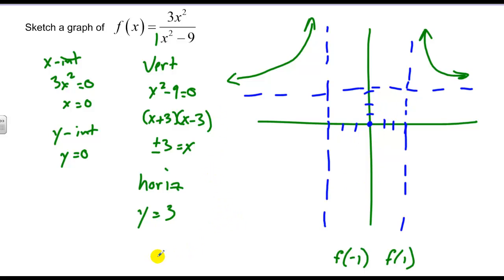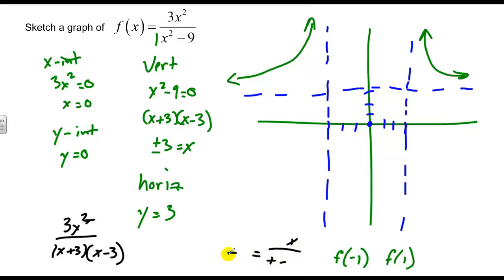And once again, I'm going to plug into the factored form of that equation. Factored form of this equation is 3x squared over x plus 3 and x minus 3. When I plug in a negative 1 to this function, you'll notice that on top, I get a positive. On the bottom, I get a positive and a negative, which is a negative.